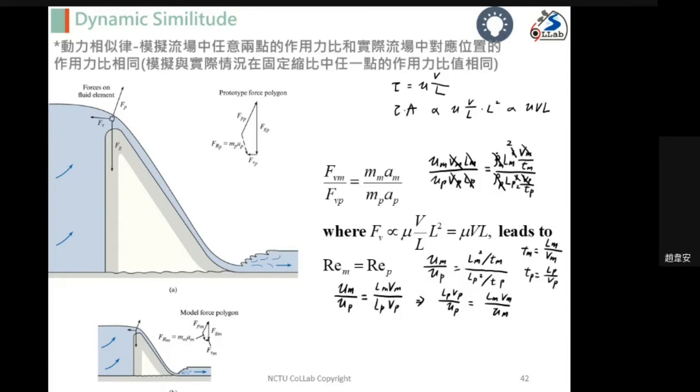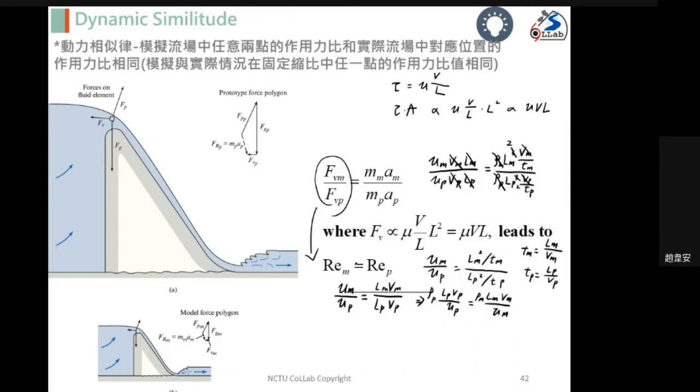And if we multiply the left-hand side and right-hand side by the density rho p and rho m, we know that this parameter is equal to the Reynolds number. So for this problem, if we start from the force ratio for the viscous effect, finally we get a relationship for the Reynolds number.